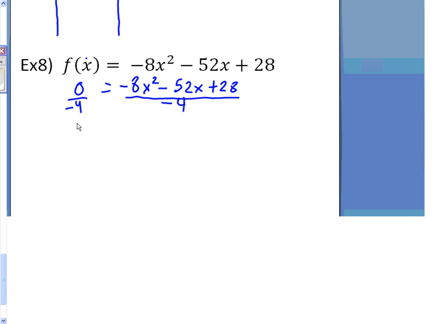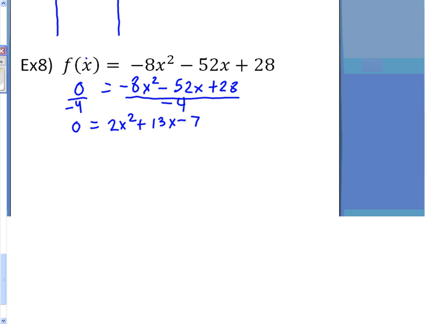So let's do that. So we end up with 0 equaling 2x squared plus, let's see, 52 divided by 4 is, what is that going to be, 13? Plus, oops, not plus, because it's going to be minus, and I'll show you why. 28 divided by a negative 4 is going to be a negative 7.